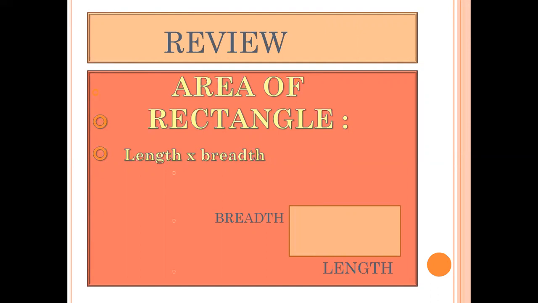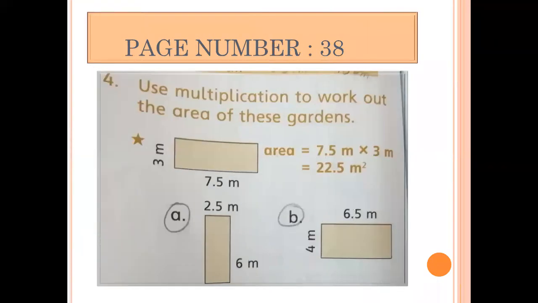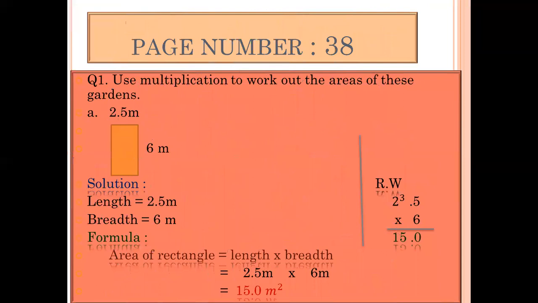On page 38, question number 4 is included, and there are two parts of question 4, A and B only. The question is: use multiplication to work out the area of these gardens.